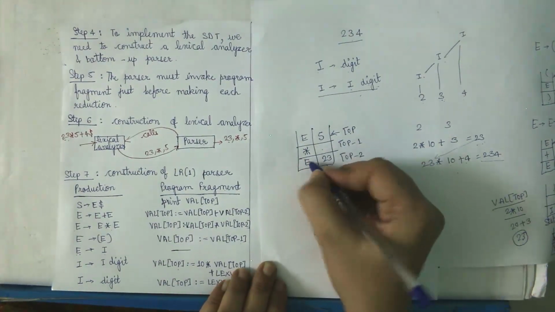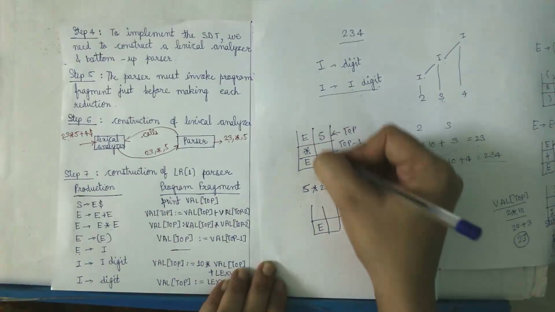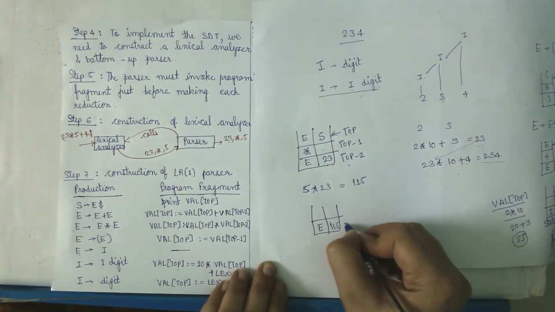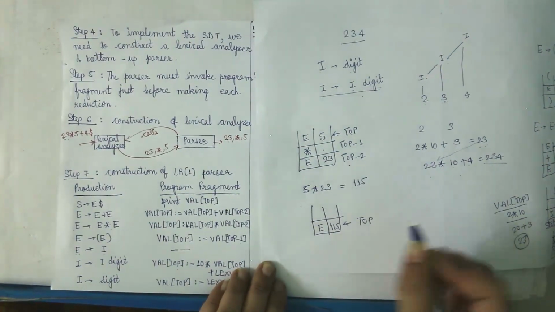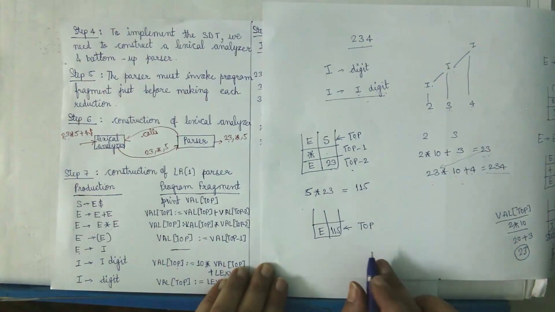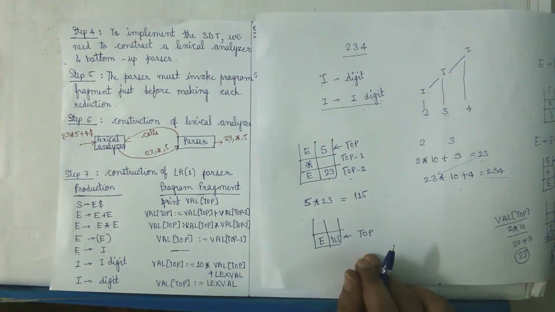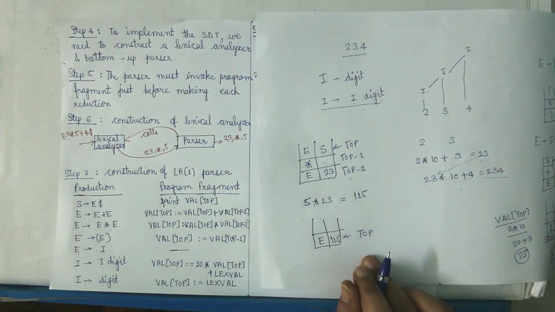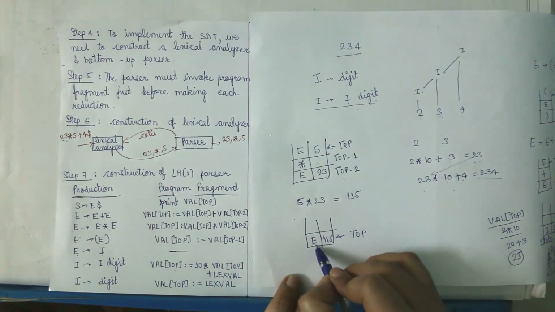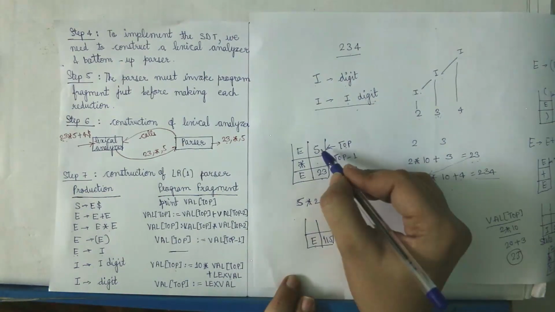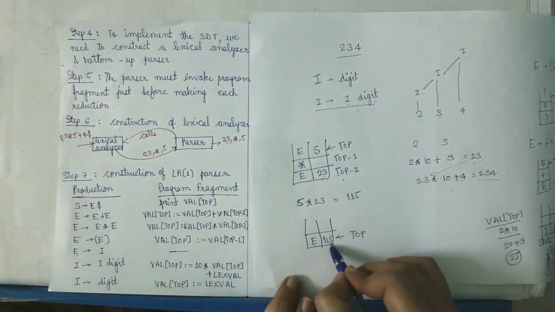So E star E will become E, and this multiplication will become 115, and this will be the new top of our stack. If we observe here, E star E becomes E, and 5 into 23 is 115.